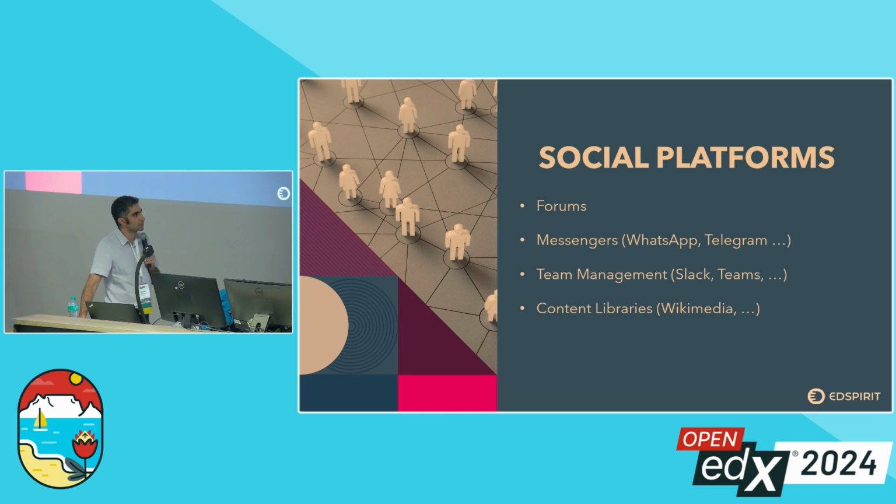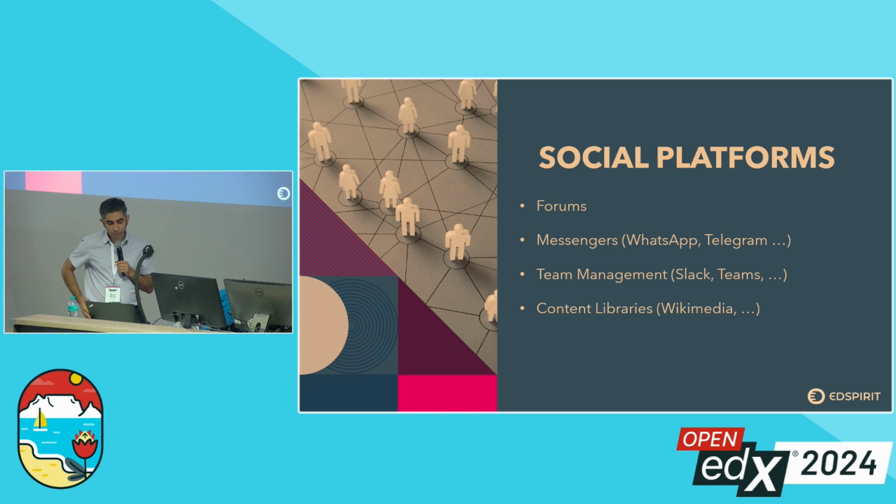The second category of social platforms are messengers, like WhatsApp, Telegram, and these sorts of applications that are very quick to communicate, but it is really hard to find structured content in them. Either you see it today, or if it is tomorrow, you will not be able to find the content you were looking for, unless you have a good memory to scroll up and find what you were looking for.